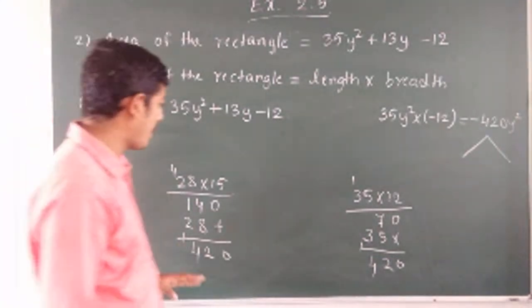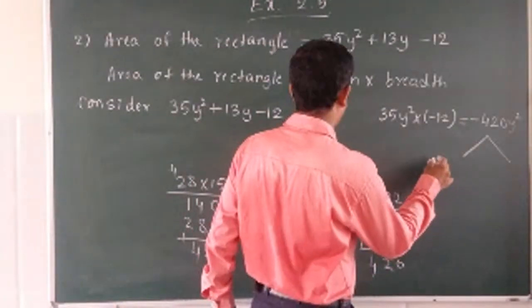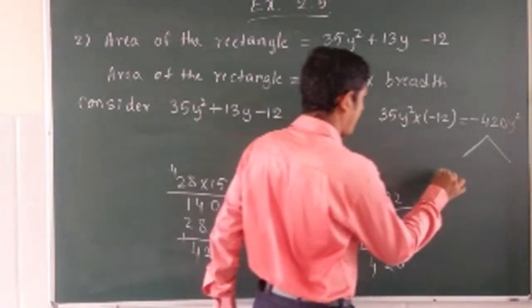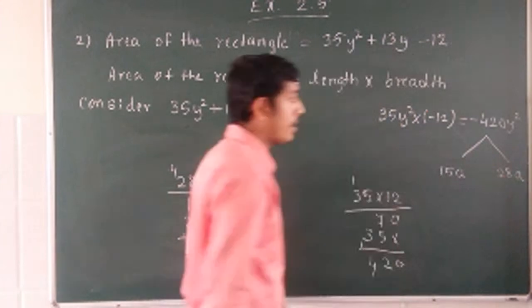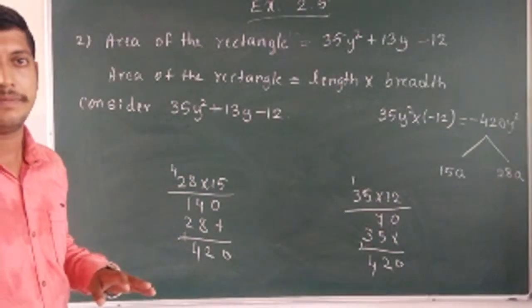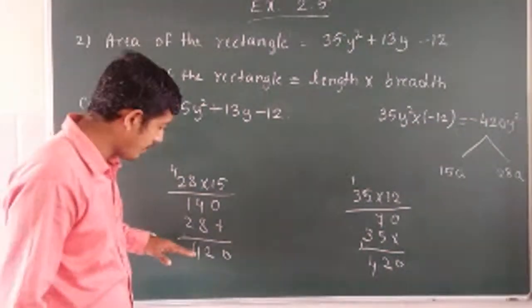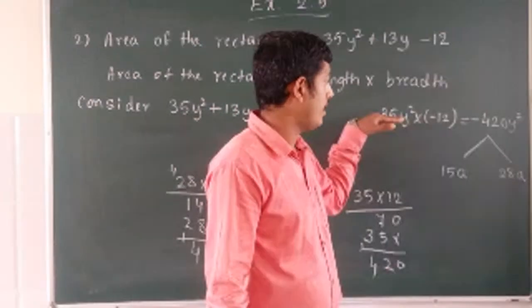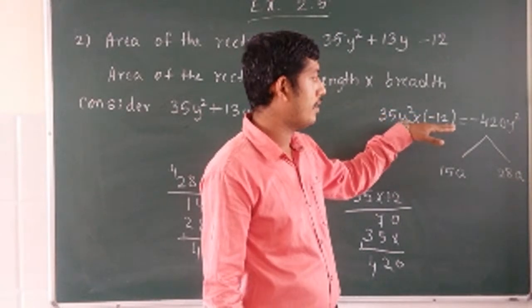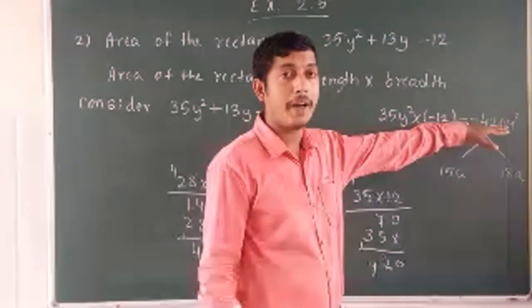Therefore I will write here one term as 15, another term as 28. But now we have to see the sign. So 28 into 15 gives 420, and 35y square into minus 2 gives minus 420y square.